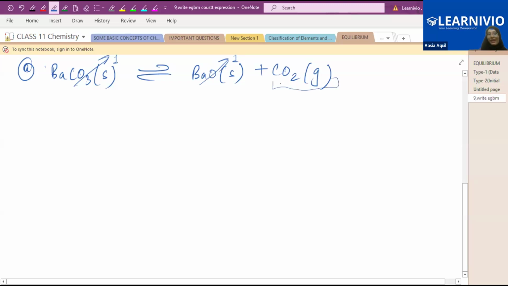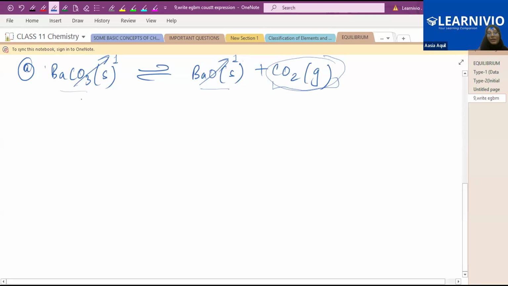BaCO3 and BaO are solid, so the reaction equilibrium constant will only depend on this CO2, which is in gaseous phase. Only one product is there, and that product is in gaseous phase, so you will use Kp for that.